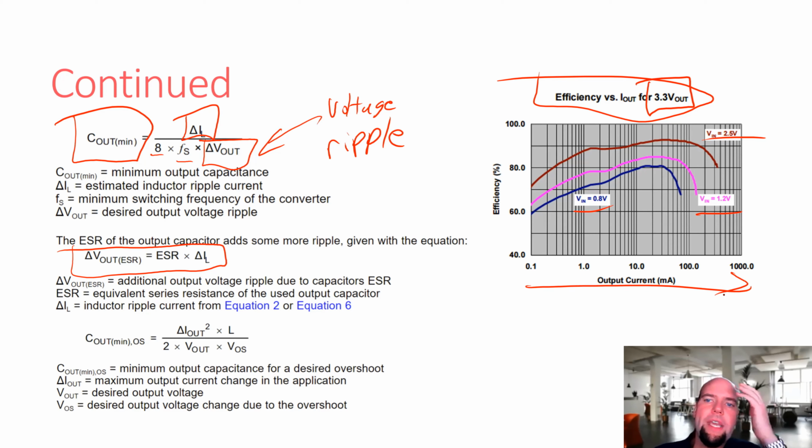So for your application, when you first start, you can look in the data sheet and say, I'm going to be outputting 100 milliamps and my input voltage is this, and my output voltage is this. Based on this curve, I'm going to be about 80% or something, right? So you can usually get your approximate efficiency early on.